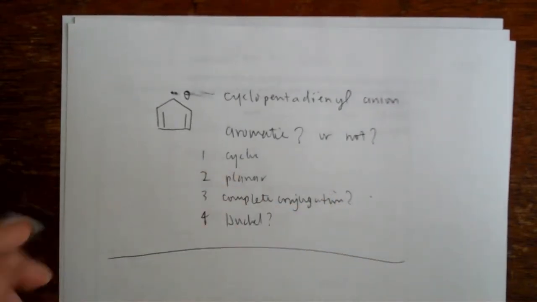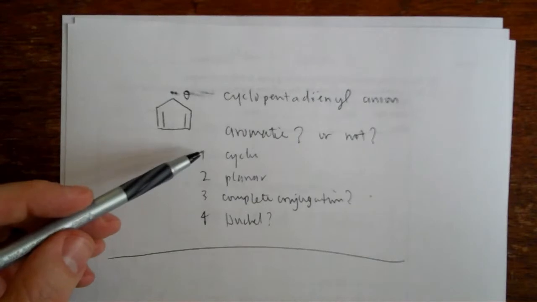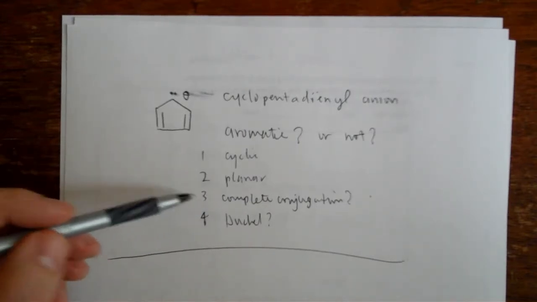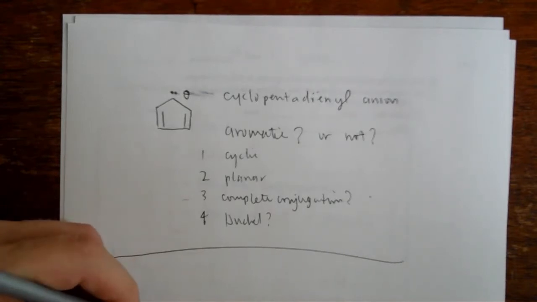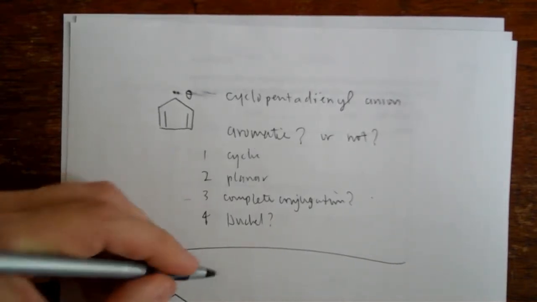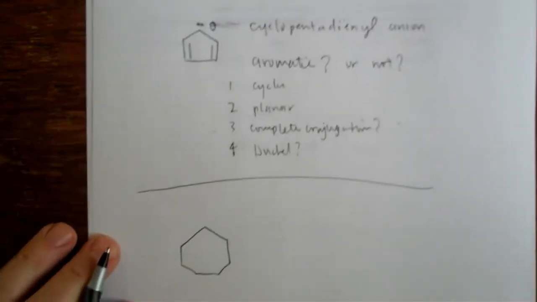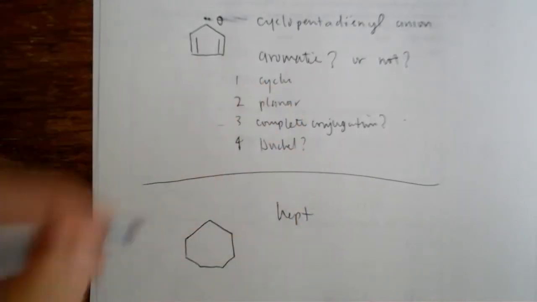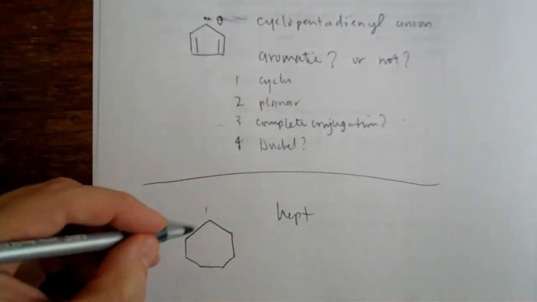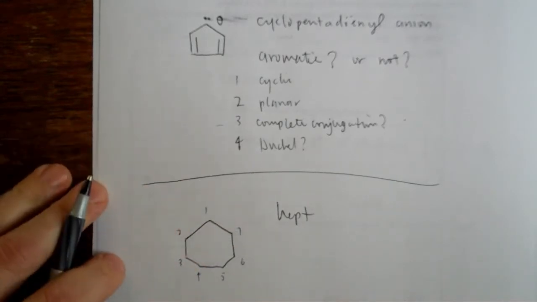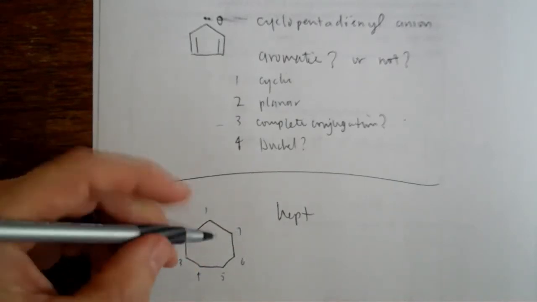Okay. And the next structure I want to show you a non-example for this complete conjugation. Watch this. Okay. So far I've drawn cyclohept, right? Because there's 7. 1, 2, 3, 4, 5, 6, 7. Cycloheptane, okay.